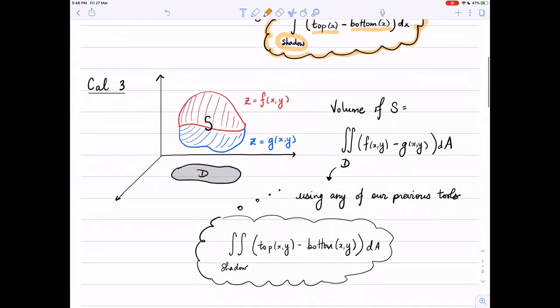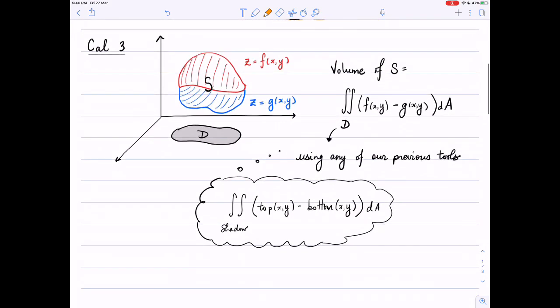So now if we look at Cal 3, in R3, and we want to find a volume, one dimension up, instead of finding an area like in Cal 2, we're going to find a volume of a solid here that I've called S. S is bounded above by a function f of x and below by a function g of x.